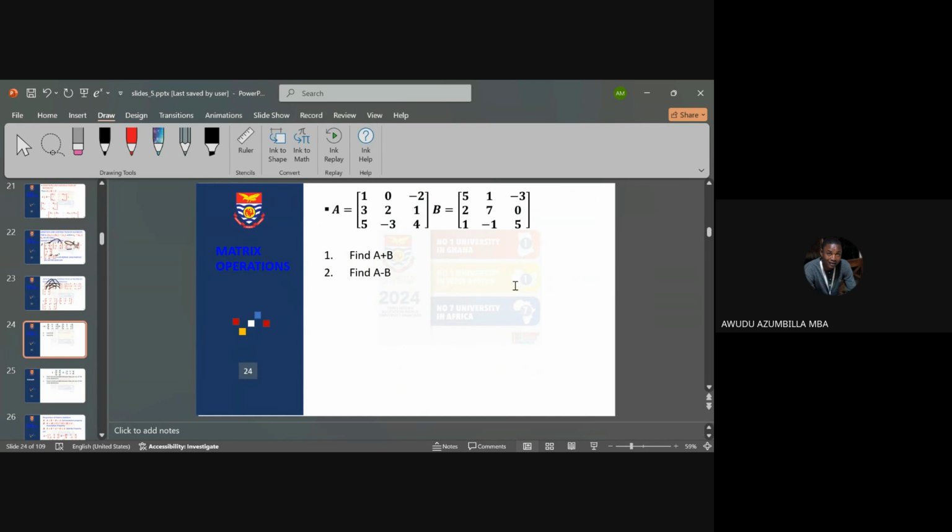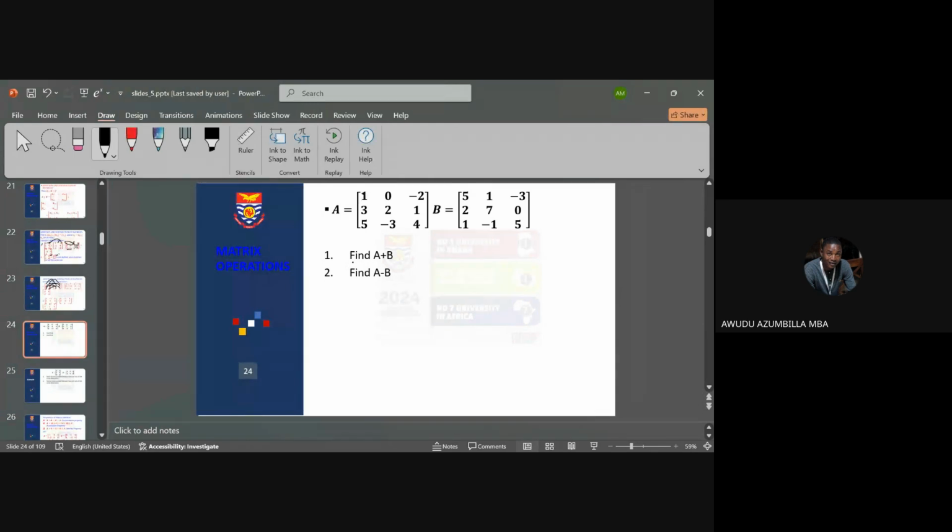Okay, so if you have this, for example, A is equal to this, B is equal to this, compare them, see whether they have the same dimension. If they have the same dimension, then you can do the exercise very nicely.